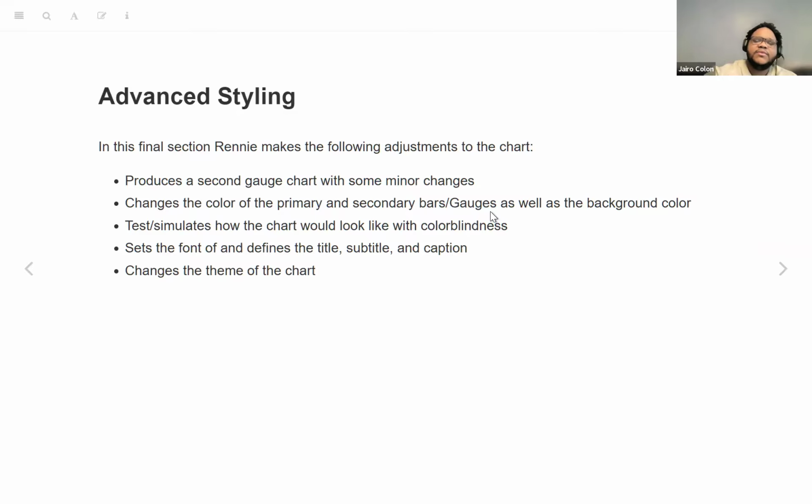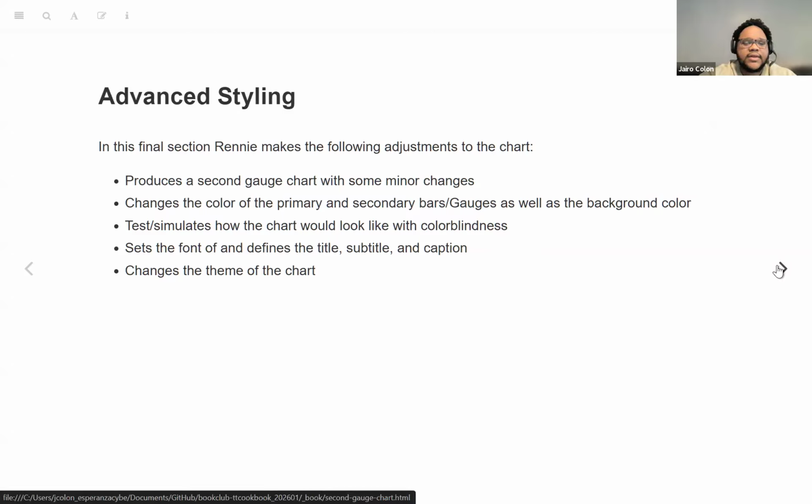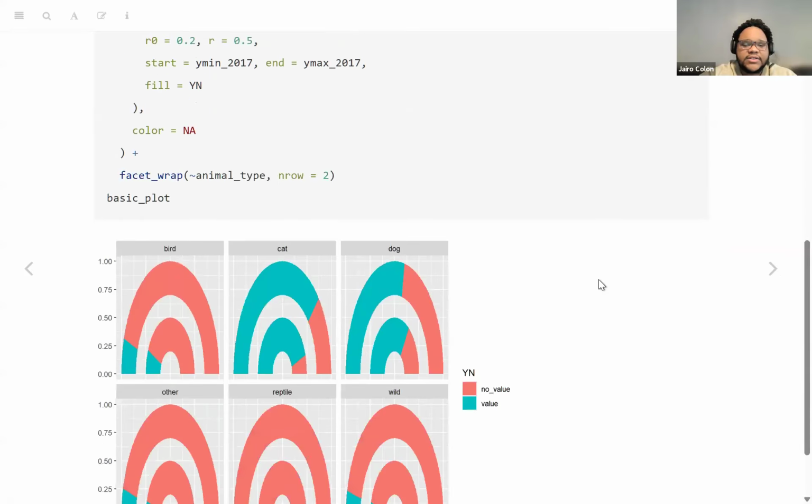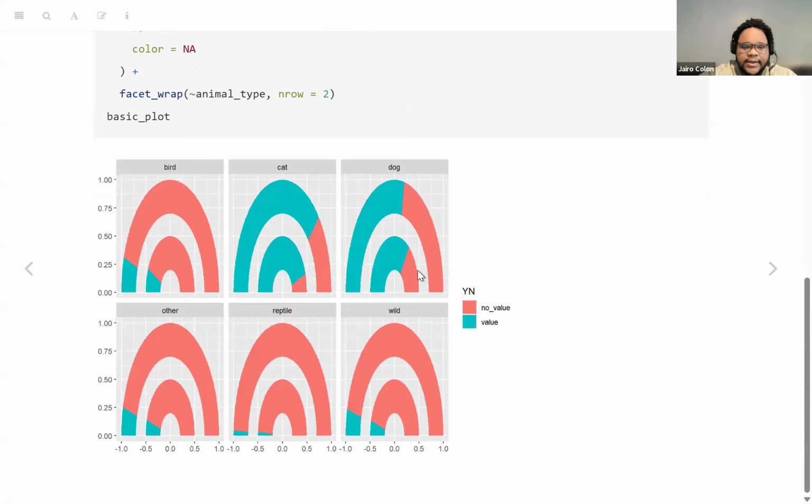She tests and simulates how it's going to look for people with different types of color blindness, sets fonts, and defines the different text that's going to go on the final chart. And then the final thing she does is change the theme of the chart and put it all together. So this is the code for the second gauge chart, and it's basically one without the black outlines on the sections. This is what it ends up looking like.